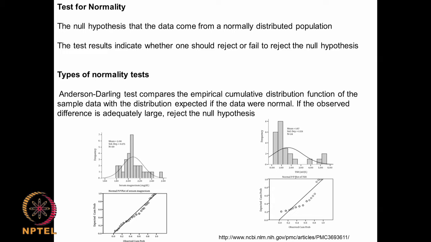There are many types of normality tests, many of them. One is called the Anderson-Darling test. What it does is it compares the empirical cumulative distribution function of the sample data with the distribution expected if the data were normal. If the observed difference is inadequately large, then reject the null hypothesis.